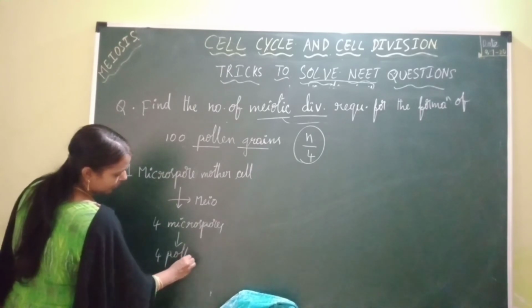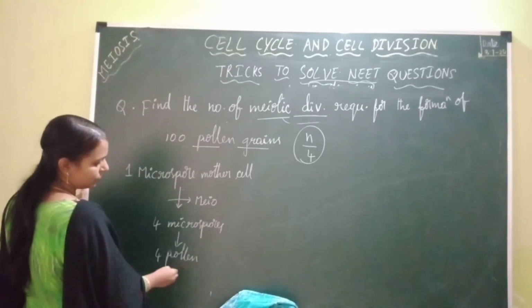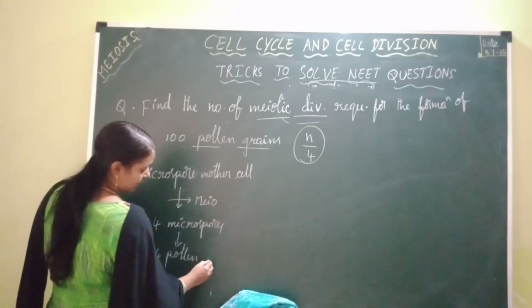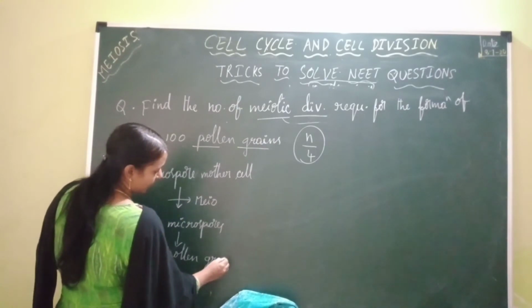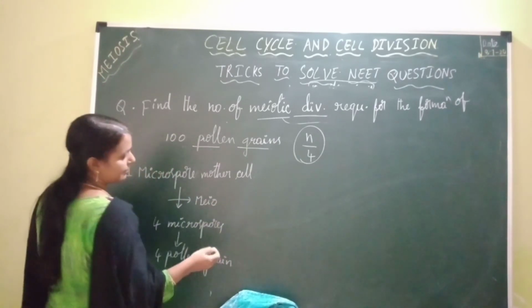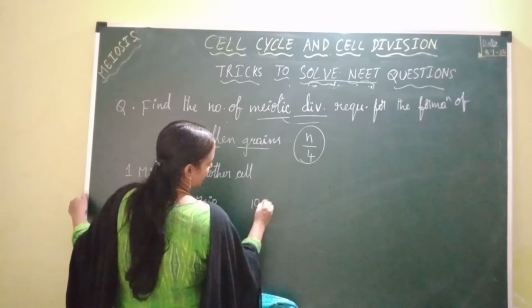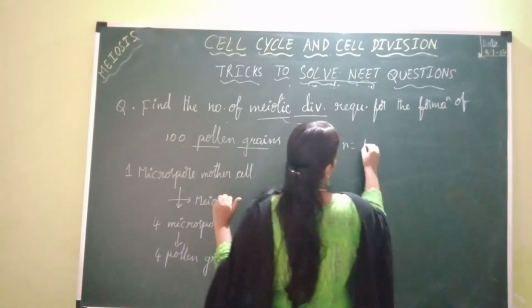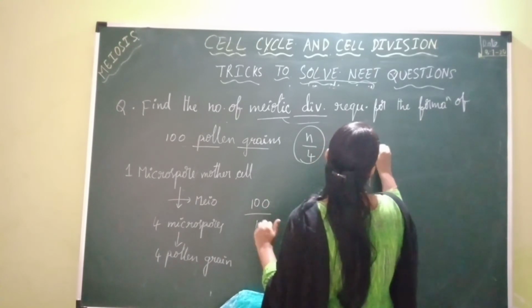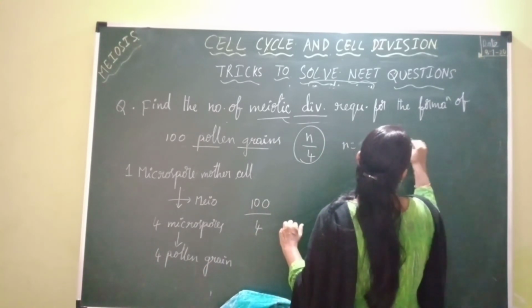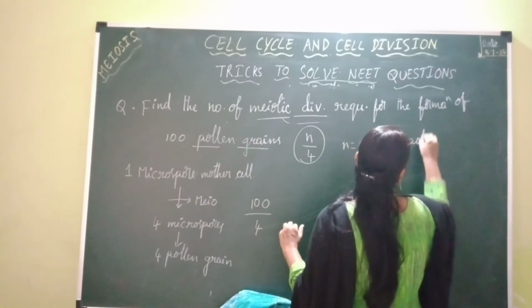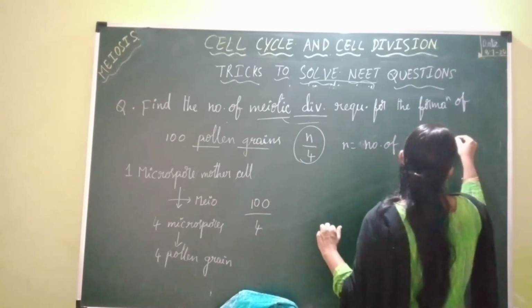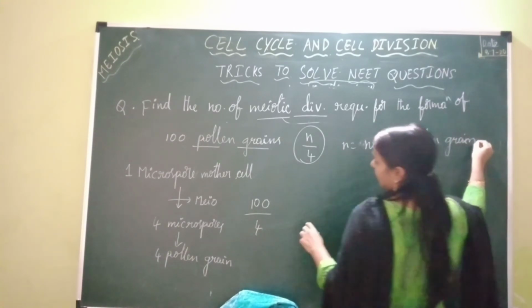That means one meiotic division results in the formation of 4 pollen grains. So we take N/4, where N equals the number of pollen grains, 100/4.